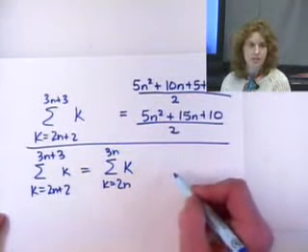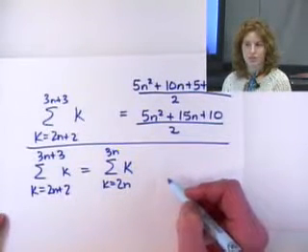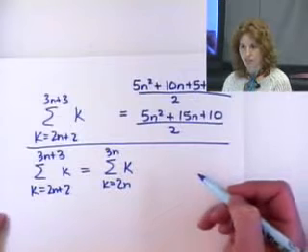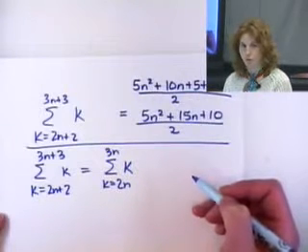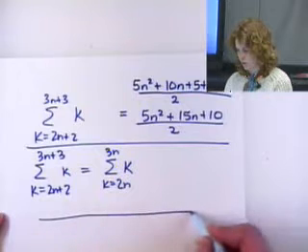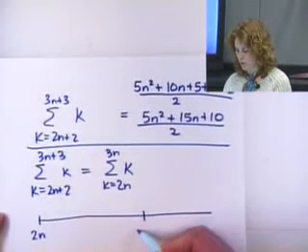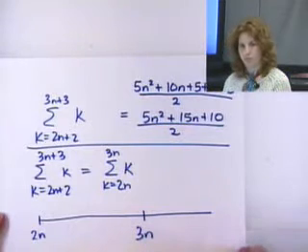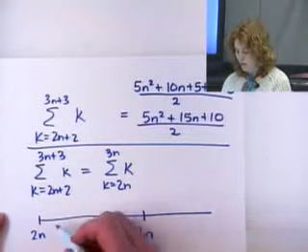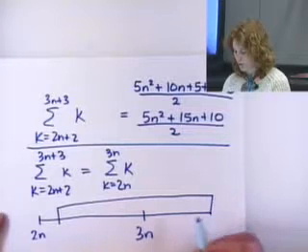So I'm going to have to fix this because it's not equal yet. I'm going to have to subtract some things and add some things to make them equal. So to help us figure out what to subtract and add, let's draw a little line here. Our original summation goes from 2n to 3n. The summation that we want goes from 2n plus 2 up to 3n plus 3.